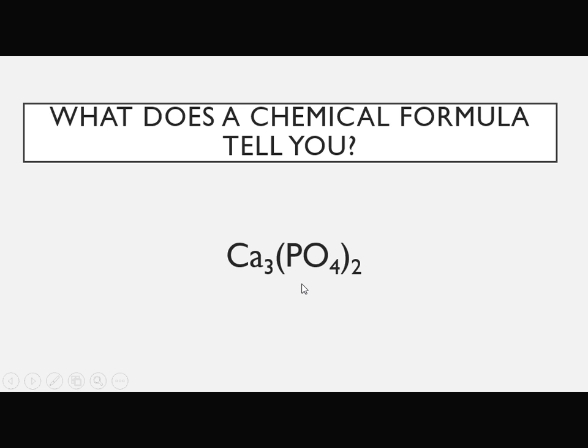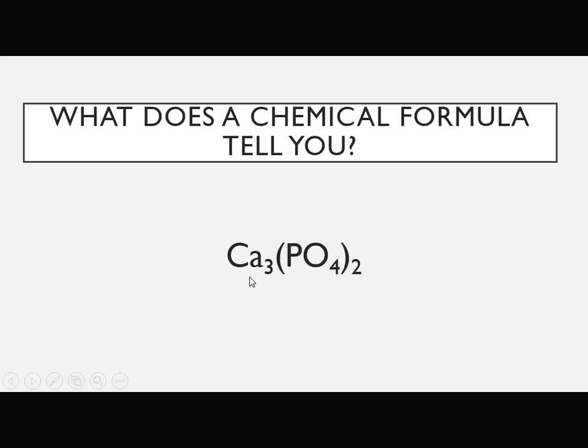Now, let's look at this one. I've got parentheses around my phosphate. That is a polyatomic ion. When I'm dealing with polyatomic ions, if I have more than one, I need to put parentheses. So this is telling me that I have 2 of the polyatomic ion phosphate.